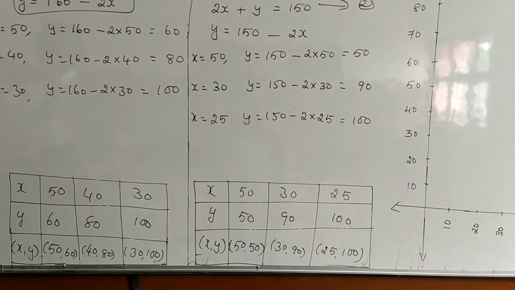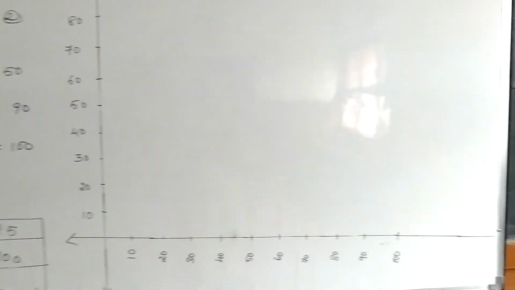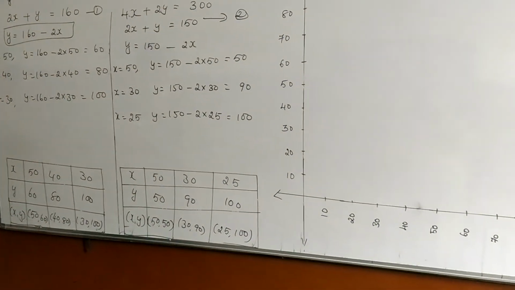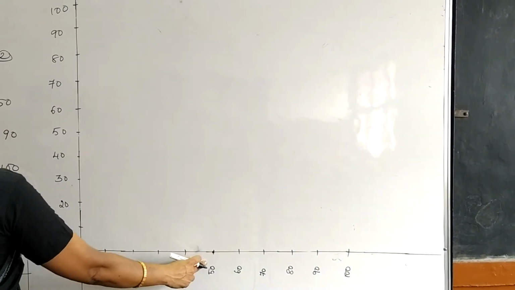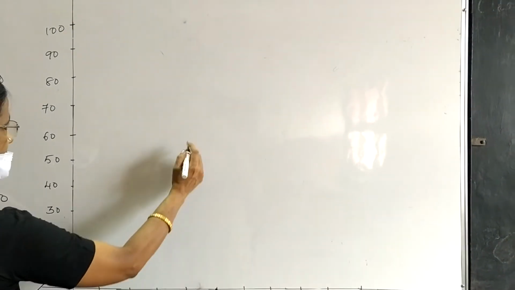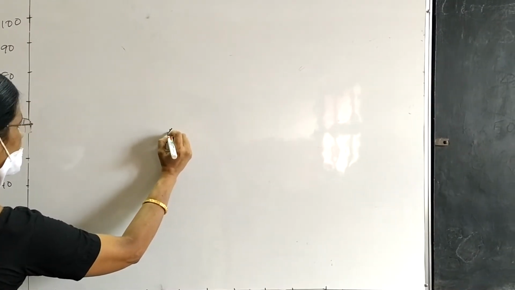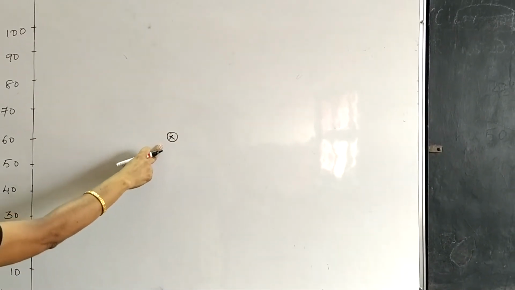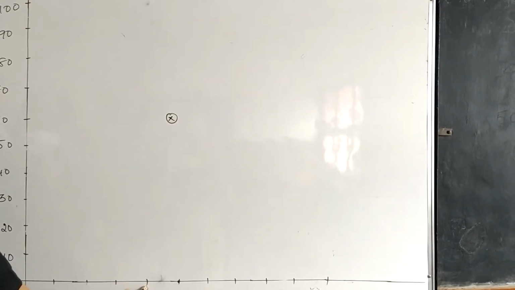So as before, we are going to represent these values. We are going to get a straight line. The first ordered pair is (50, 60). X is 50 and y is 60. So here they coincide. The second ordered pair is (40, 80). X is 40, y is 80.